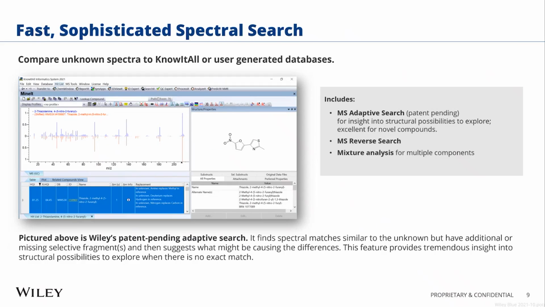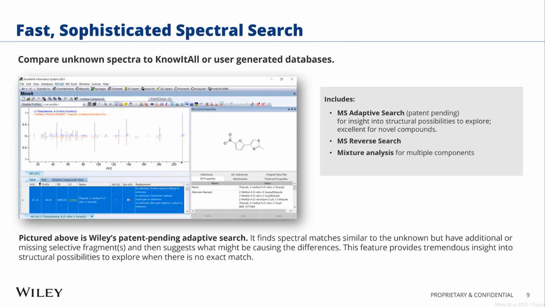The spectral searching capabilities are fast and very sophisticated. So in Search It, MS Adaptive Search can be used to match similar components or use mixture analysis to separate co-eluded components. This technology finds spectral matches that are similar to the unknown, but have additional or missing selective fragments.